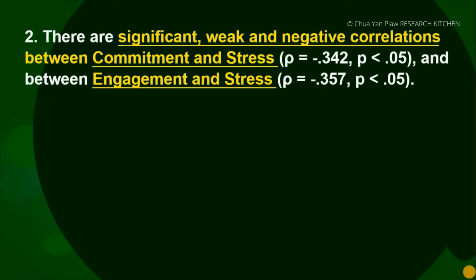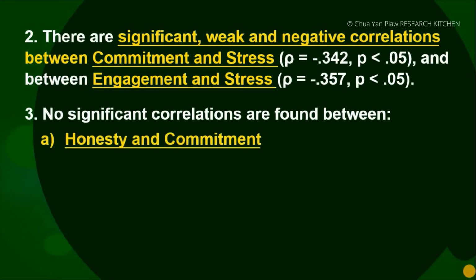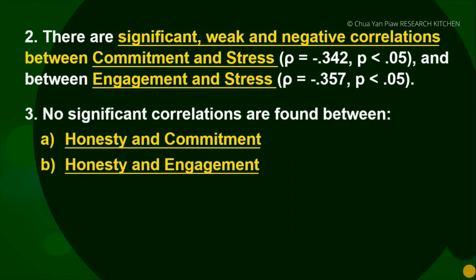There are significant, weak, and negative correlations between commitment and stress. Rho equals negative 0.342, p less than 0.05, and between engagement and stress. Rho equals negative 0.357, p less than 0.05. No significant correlation is found between honesty and commitment, honesty and engagement, honesty and stress.